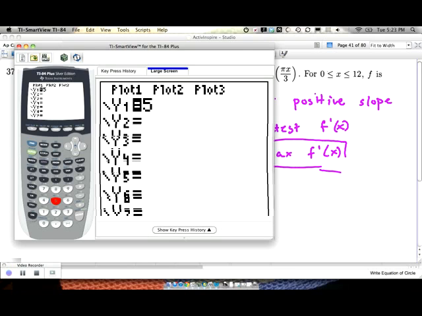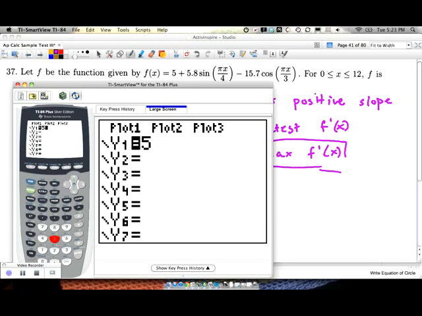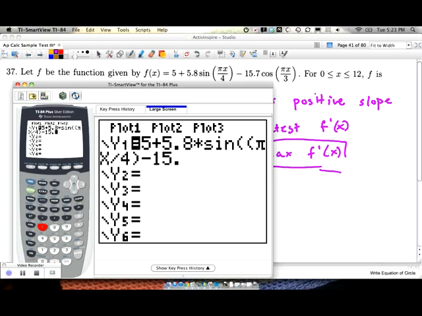We have 5 plus 5.8 times sine of pi x divided by 4, using secant, minus 15.7 cosine of pi x divided by 3, so I have second pi times x divided by 3.